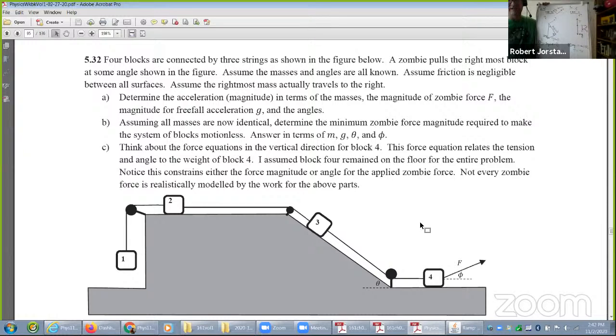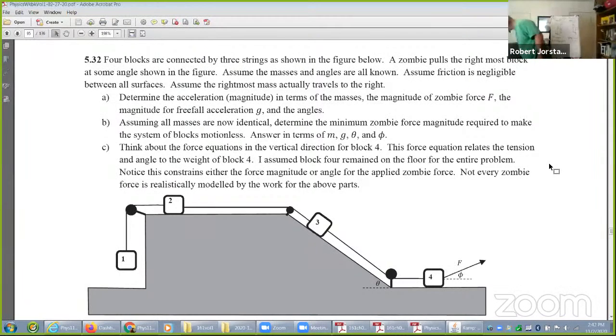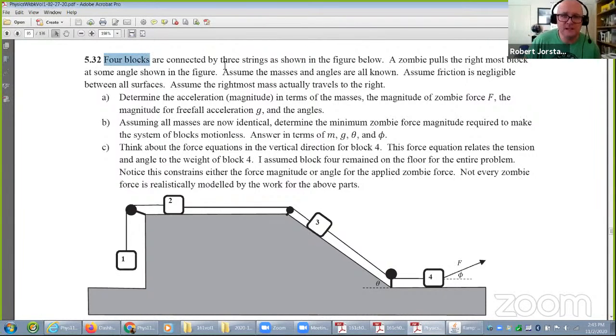I'm going to give you a second to look at this one. Just letting you digest for a minute before I ask you a bunch of questions, okay? Okay, you got 4 blocks, 3 strings.